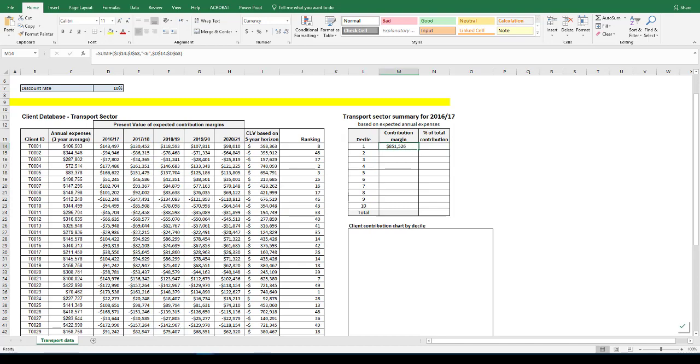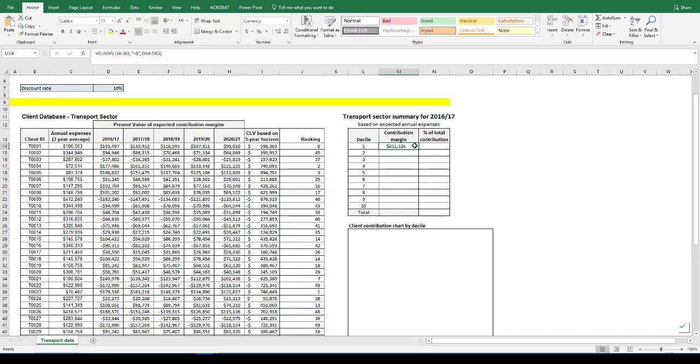So look what we have. We have the contribution margin for the first 5 clients. If I use the same formula for the second decile, what I have to change is this 6 to 11, right? And then remove the first decile from the final value.